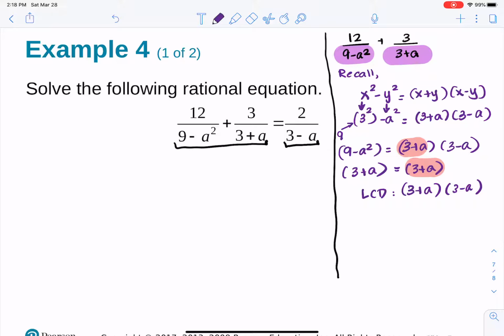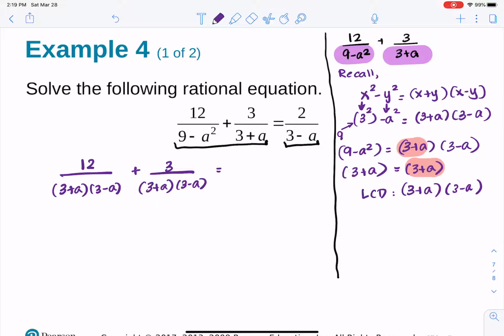So the least common denominator is 3 plus a times 3 minus a. So let us rewrite the left-hand side. I could rewrite the left-hand side as 12 divided by 3 plus a times 3 minus a plus 3 divided by 3 plus a times 3 minus a.